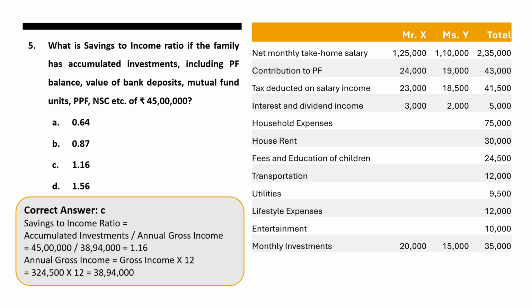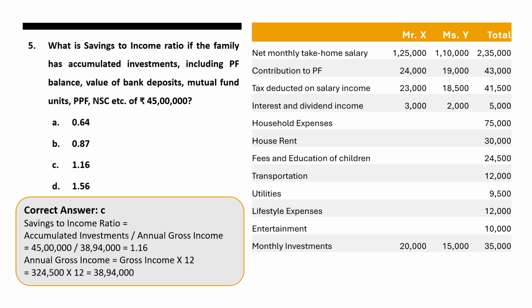So savings to income ratio is equal to accumulated investments divided by annual gross income. The accumulated investment already mentioned here, 45 lakhs. We have to divide this with annual gross income, and as I said, the gross income we have already computed, which was 3,24,500.